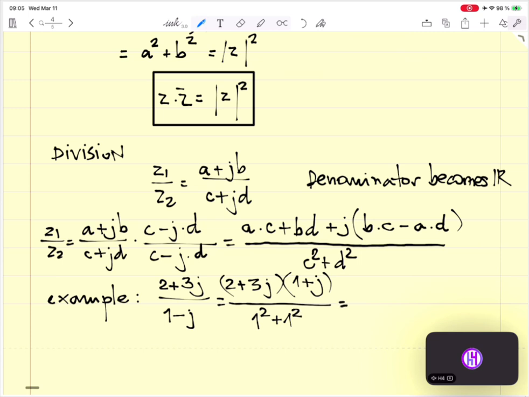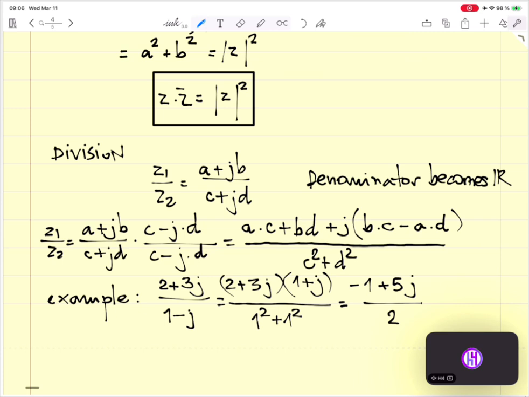This is going to be 2 minus 3, minus 1, and then 3 plus 2 is going to be 5J, divided by 2. All right? You cool?